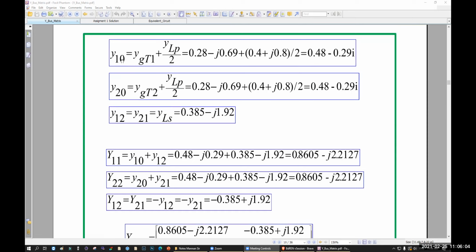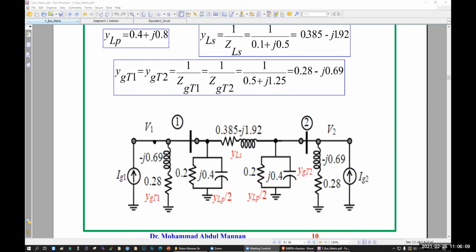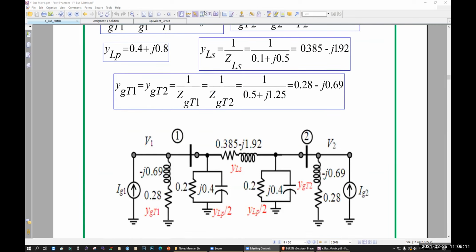Y10: 10 means bus number 1 to ground, where 0 means the ground. Bus number 1 is this one. Which things will be added? This one plus this one, since they are parallel, so they will be added.